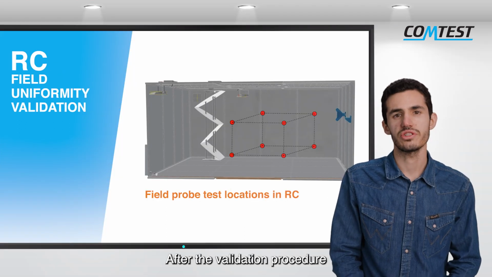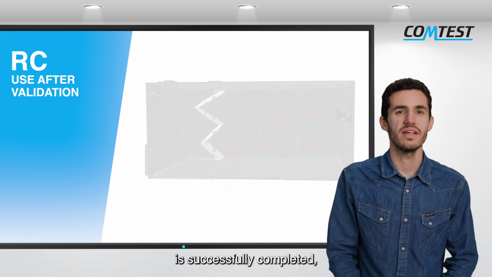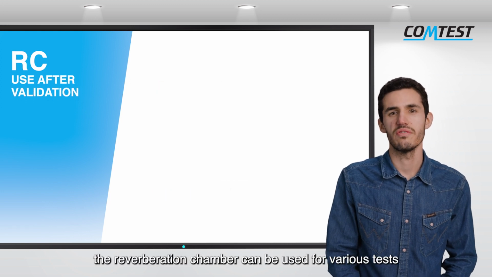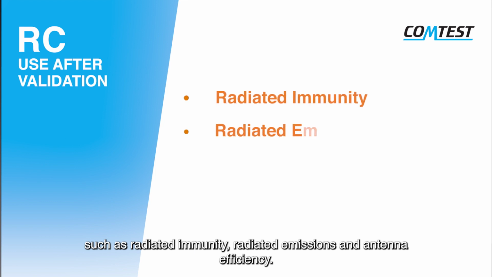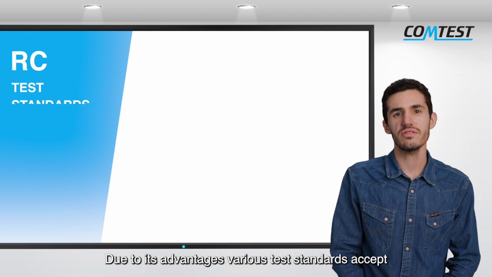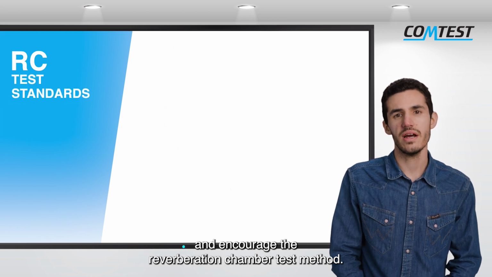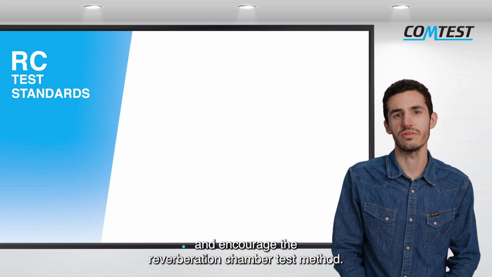After the validation procedure is successfully completed, the reverberation chamber can be used for various tests such as radiated immunity, radiated emissions, and antenna efficiency. Due to its advantages, various test standards accept and encourage the reverberation chamber test method.